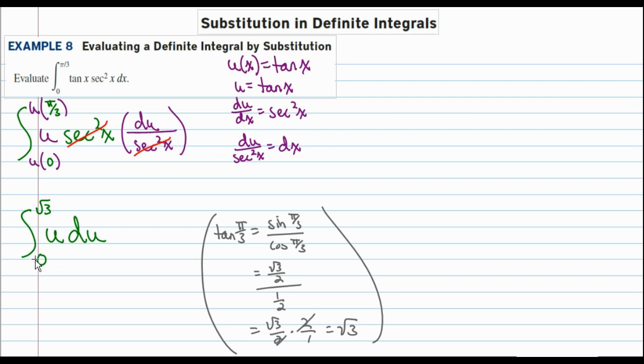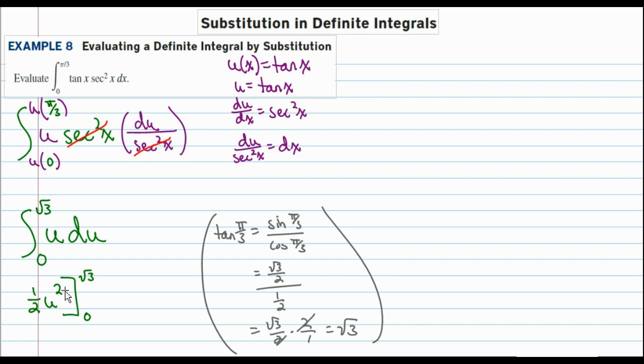So now my lower limit of integration is 0 and my upper limit of integration is square root 3. Pi over 3 and 0 still made it in for x, and now 0 and square root 3 are going to get plugged in for u, the function of x. All right, so let's take the antiderivative.